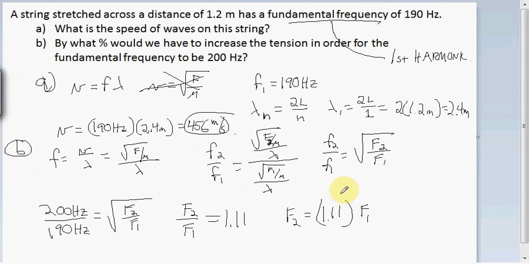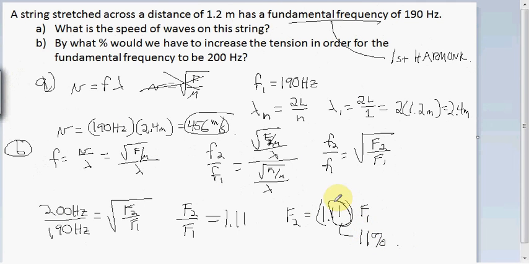Now, what were we trying to do here? We were trying to figure out by what percent the tension is going to increase. Basically, this 1.11 tells us that it increases by 11%.